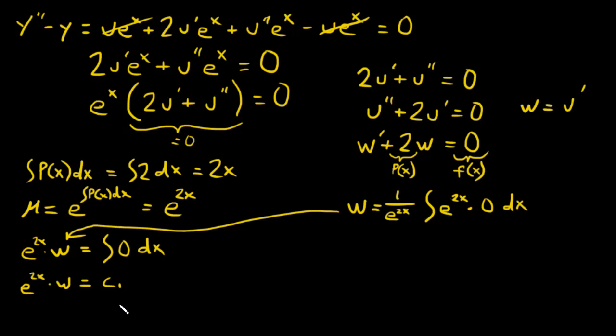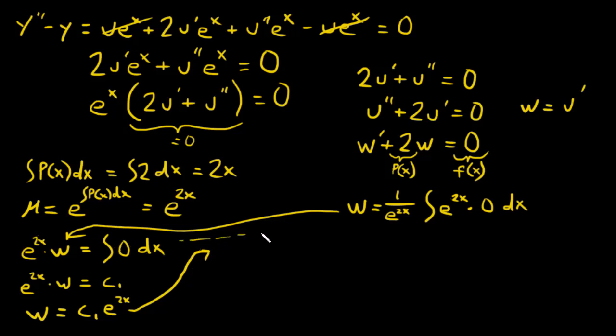Now that I've got it in this form, I can say w is equal to c1 times e to the 2x. So now I can do a back substitution.